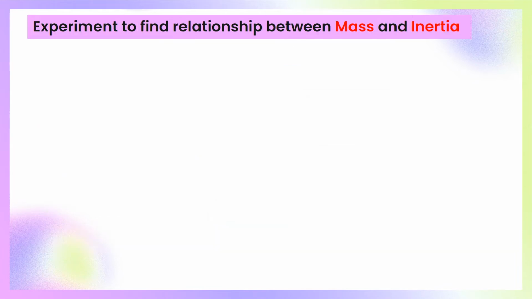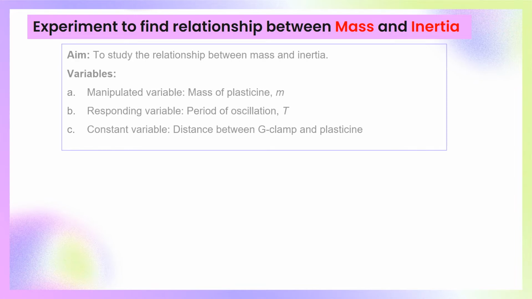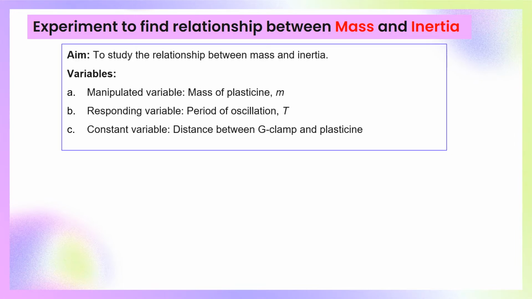Next, let's look at the experiment which is related to the relationship between the mass and the inertia. So, the aim of this experiment is to study the relationship between the mass and inertia. We have three variables here. The manipulated variable is the mass of plasticine.